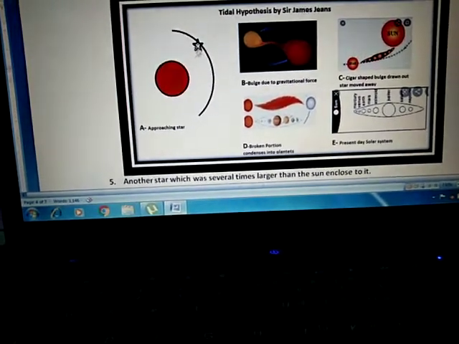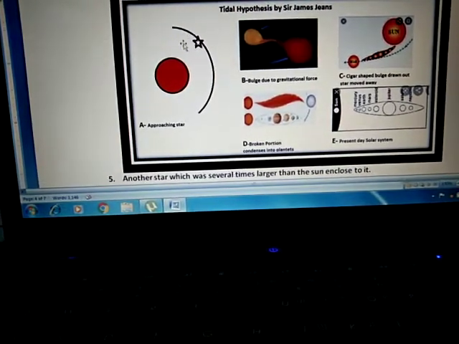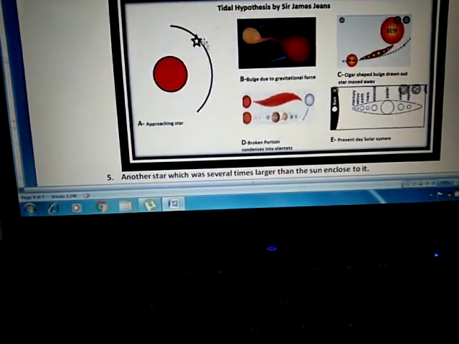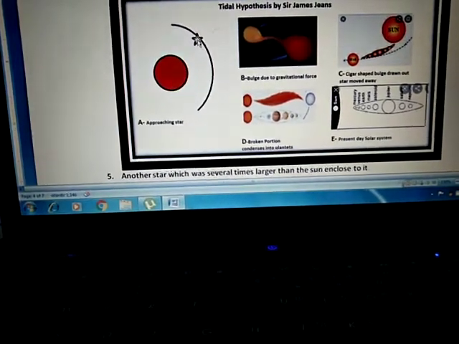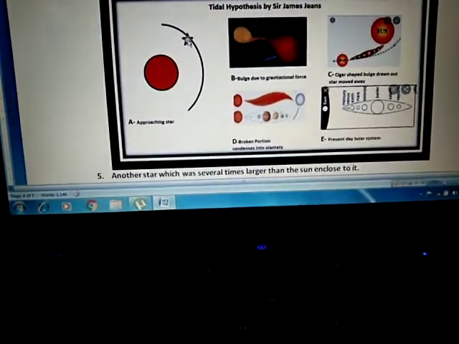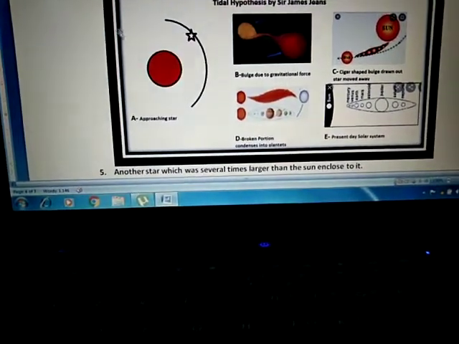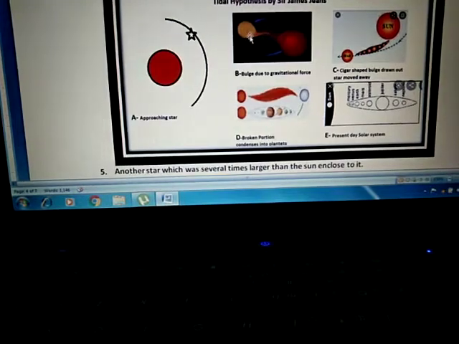Now both have gravitational force, but the star has many times more gravitational force than the sun. As a result, due to the gravitational force, this star pulled some matter from the sun.